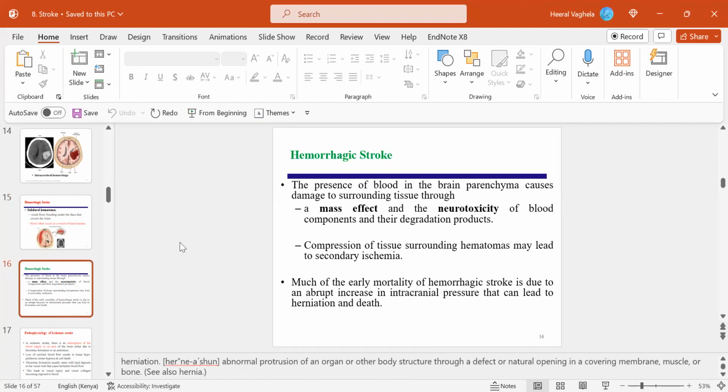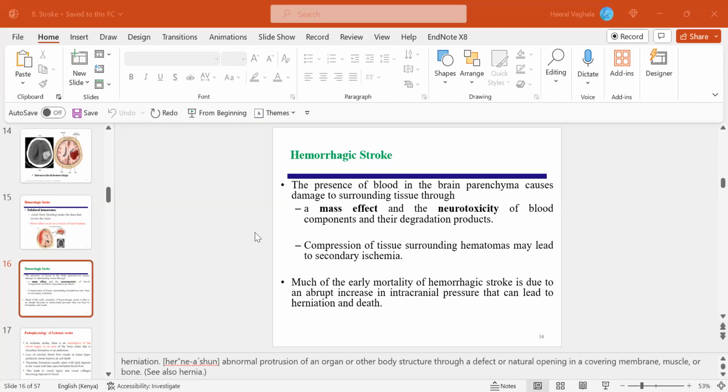It's because the presence of blood in the parenchyma causes a mass effect and neurotoxicity, because you have all these degradation products in the blood, which causes death to that part of the brain, or some of the brain cells.